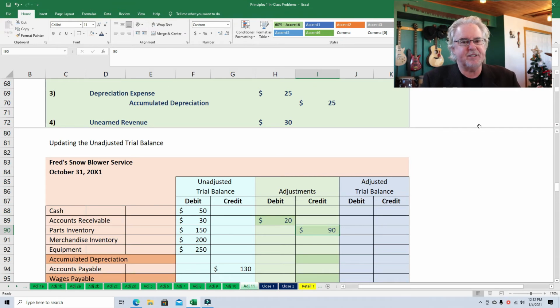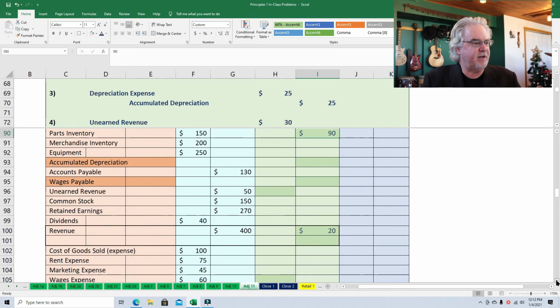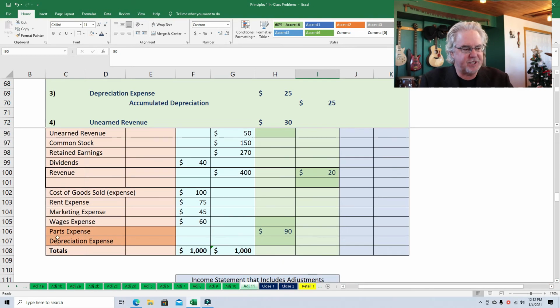Depreciation expense is being debited for 25. Here we go. Let's find depreciation expense. And I have depreciation expense highlighted in a dark salmon color because I had to add that account. It's okay to add accounts. Nothing wrong with that. So take this 25 and let's drop it right down into place. There we go.